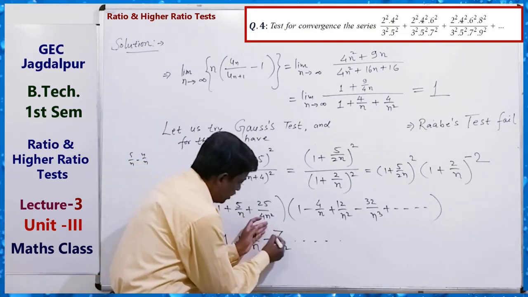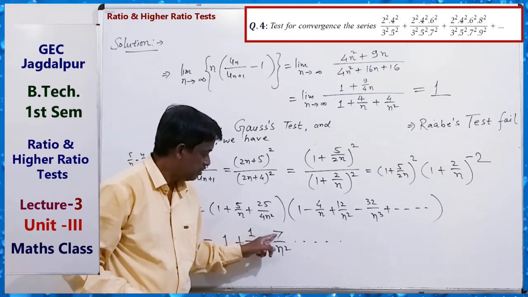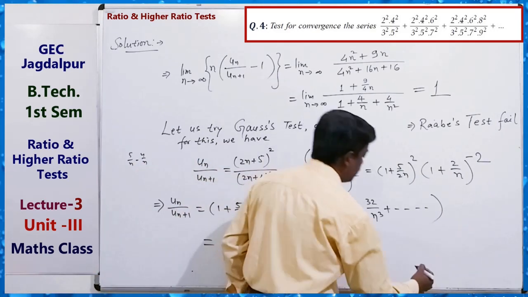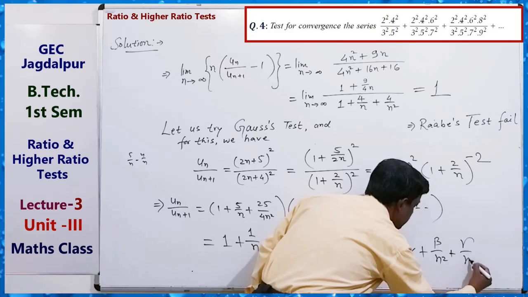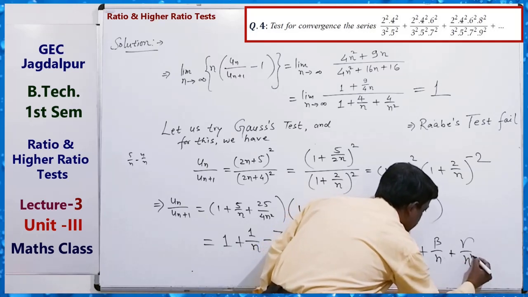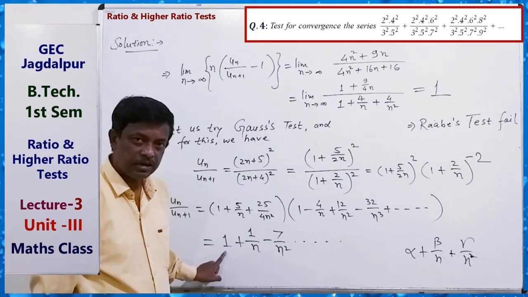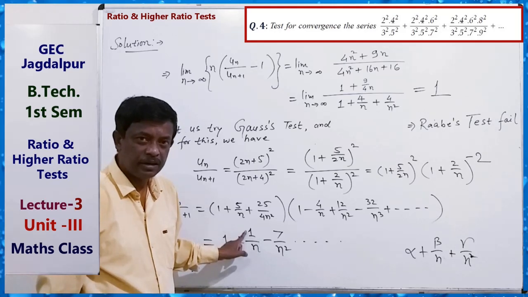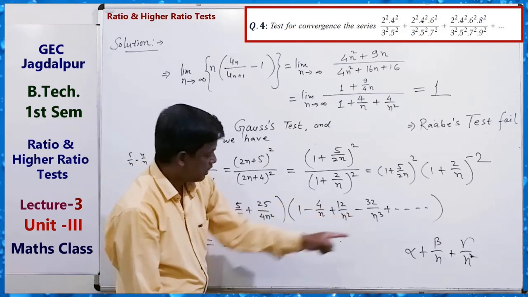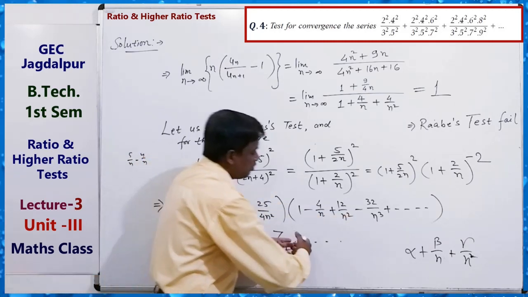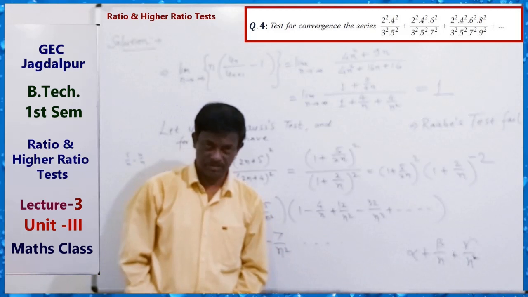So this total will contain value 7. That means we are writing in this format. What format? Alpha plus beta by n plus gamma by n square. So here we are getting n square. So alpha 1, beta 1, and here plus 1 by n square and minus 7 into, because 1 by n square is here, higher terms will also contain 1 by n square.